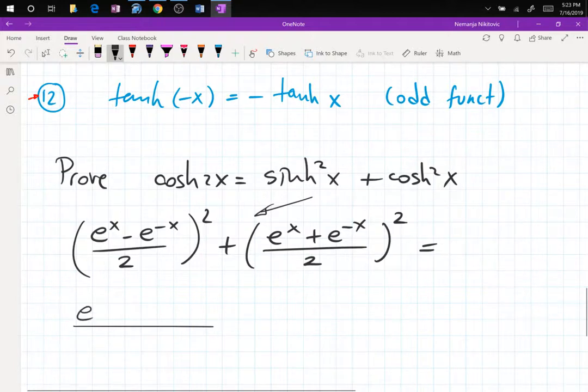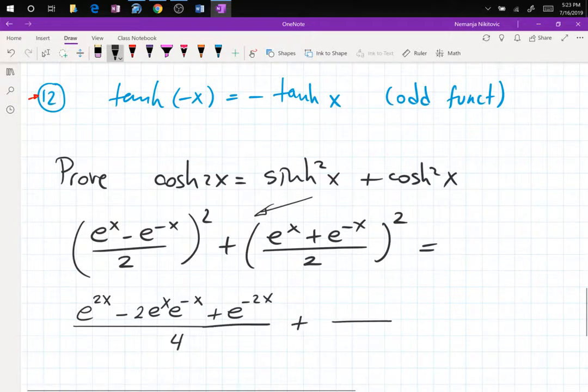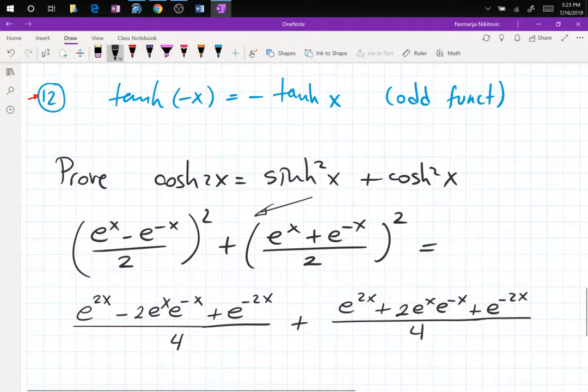So you get e to the 2x minus 2 times e to the x e to the negative x, and then plus e to the negative 2x divided by 4. Plus more algebra on the second one, e to the 2x plus 2 times e to the x e to the minus x, and finally plus e to the negative 2x divided by also 4. 2 squared is 4.